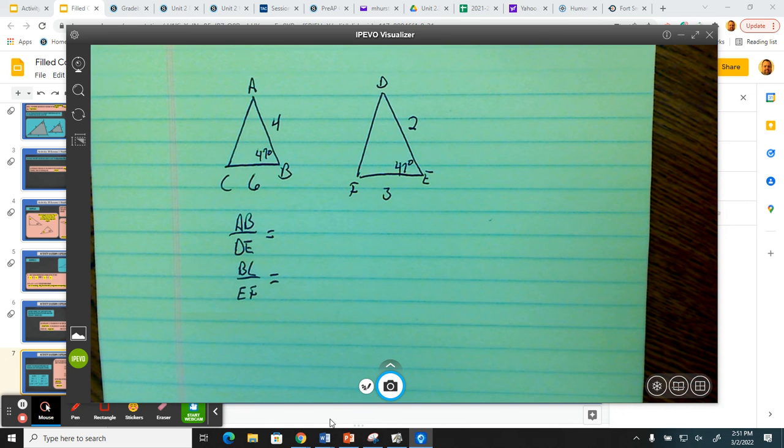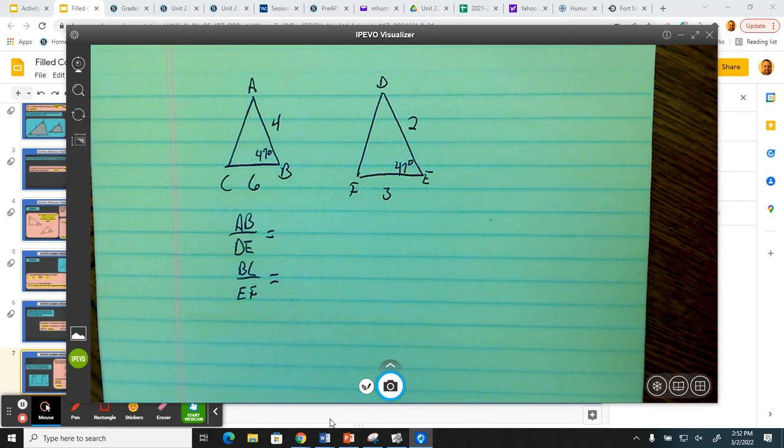Look at slide 7. It doesn't matter. Your triangles don't have to look the same as mine as long as they're in the same order. Triangle ABC, triangle DEF.